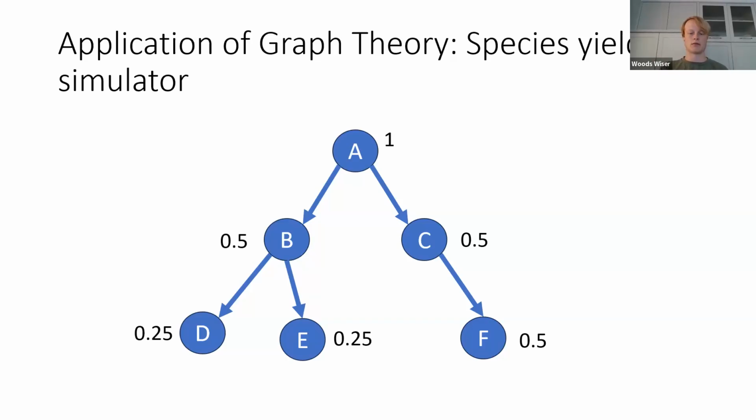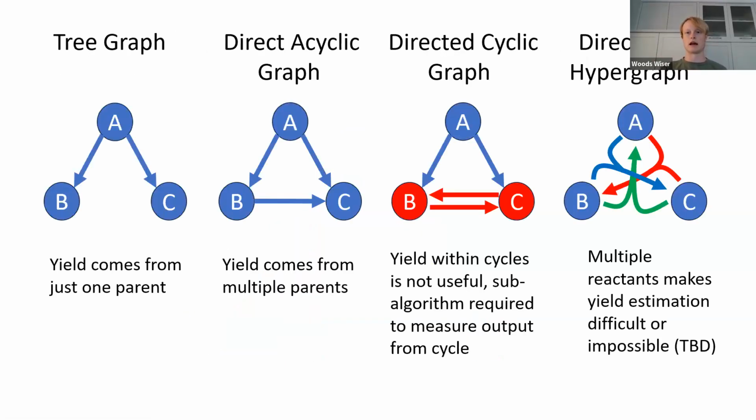So if we're applying this algorithm to different types of graph, we can look at the difficulties involved. In a tree graph, the yield comes from just one parent. It's pretty straightforward to distribute yields, as we saw in this example. It's really the simplest application of this algorithm.